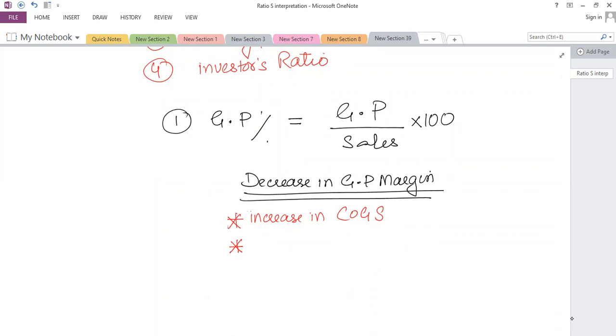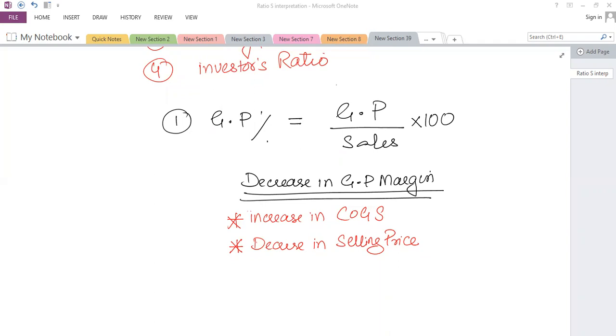Increase in cost of goods sold, and GP margin might also decrease due to a decrease in selling price. If you are decreasing your selling price, the impact might be increasing revenue. So if revenue has increased and you're still not able to get a higher gross profit margin, then obviously there will be a negative effect on gross profit margin.